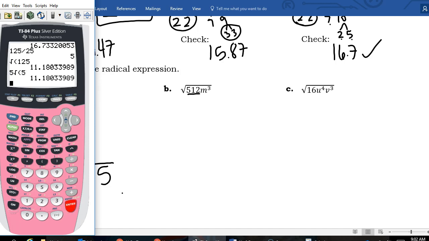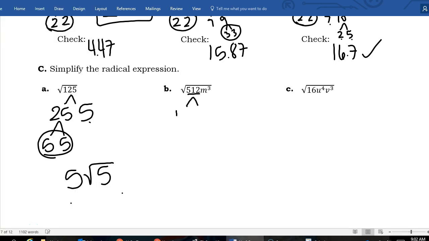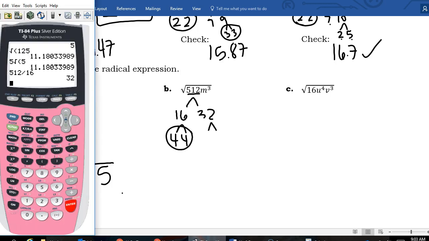Checks. 512. 512 divides by, let's try 16. That worked out. So I have 16 and 32. I know 16 is 4 and 4, so I'll be able to pull out a 4. 32. Let's try 8.